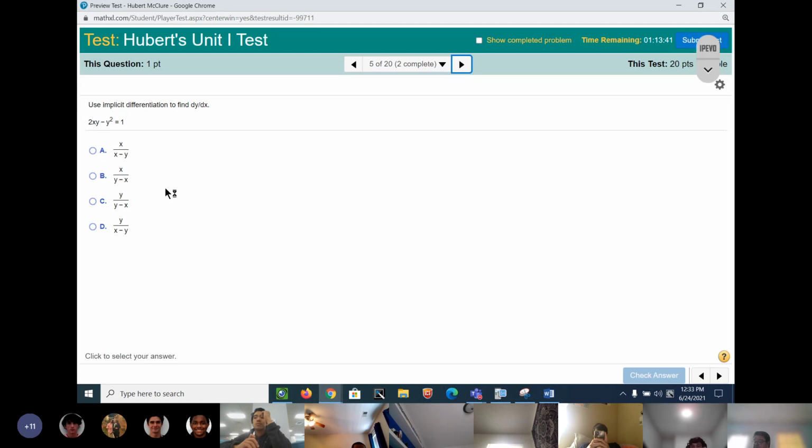They might have factored out a negative and got positive y over y. Yeah, that's what they factored. They factored out a negative. And if you factor out a negative, that would be y minus x on the bottom. So that would be 2 over y minus x.